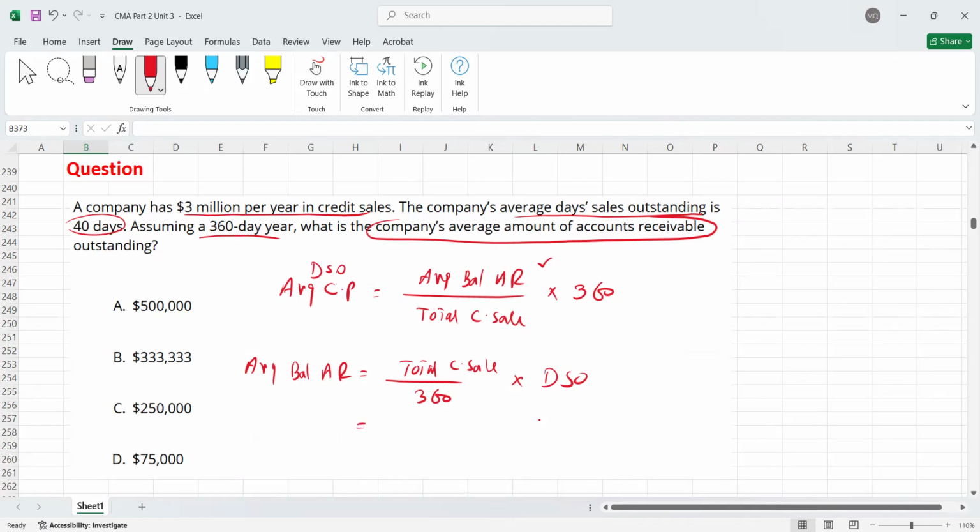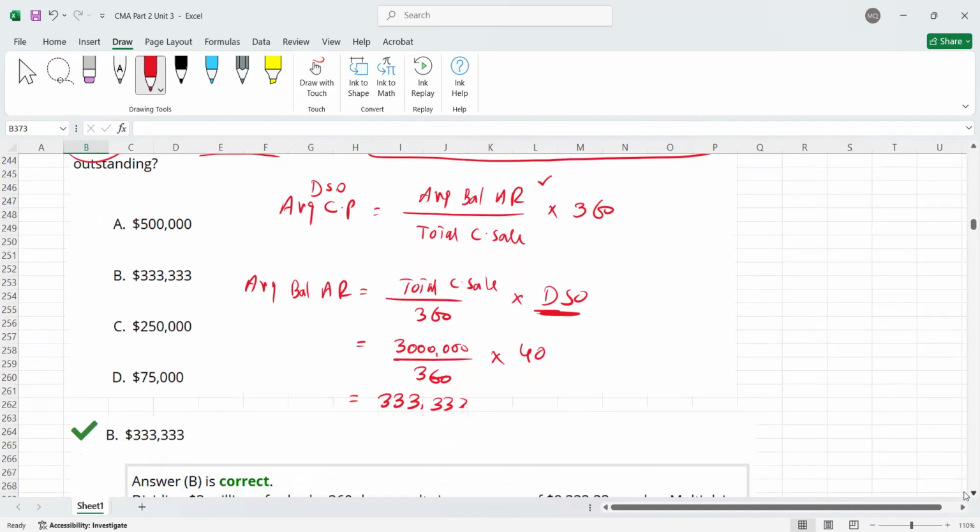Total credit sale is given here: 3 million divided by 360 gives you the per day sale, and simply multiply with the average collection period, 40 days. It will give you 333,333. So B will be the correct answer.